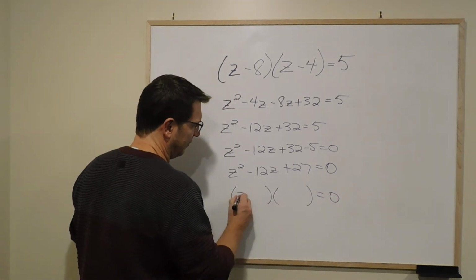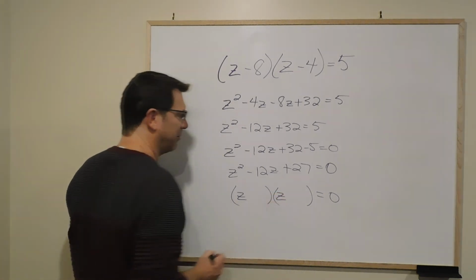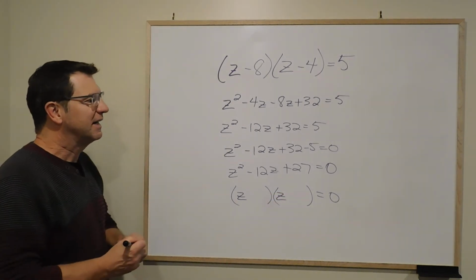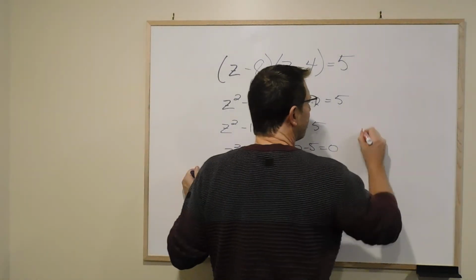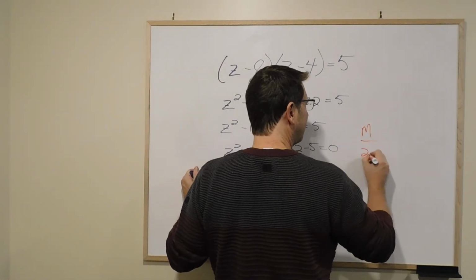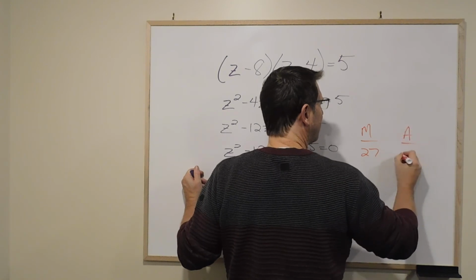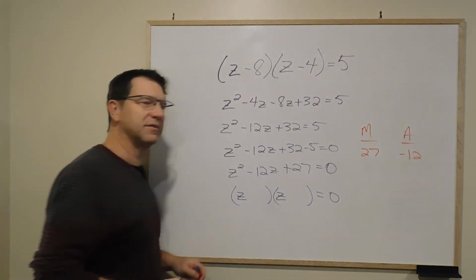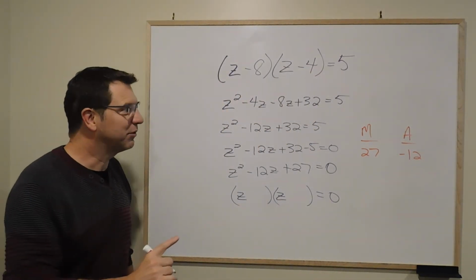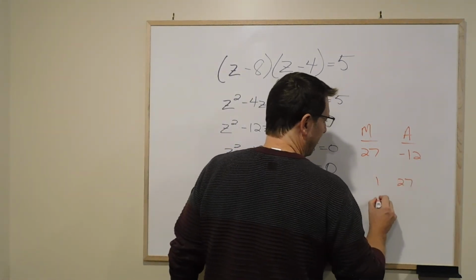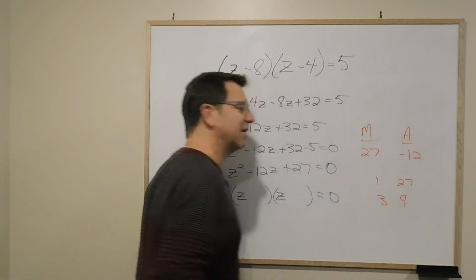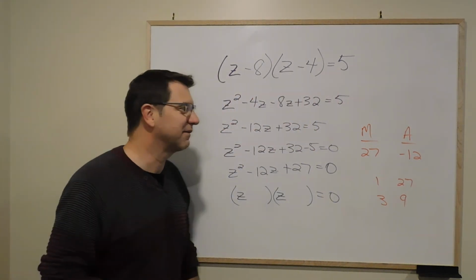Okay, because if you looked at the last example, we know Z goes in the front. In this case, it's slightly different because we're looking for two numbers that multiply to 27, but add to negative 12, right? And when we did example D, we said, all right, 1 times 27 and 3 times 9 is the only things that multiply to 27.